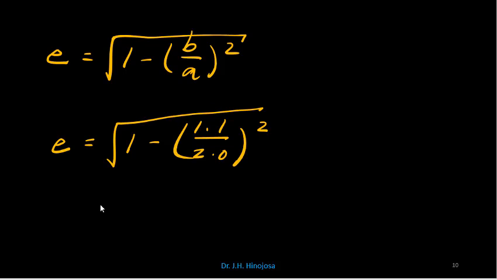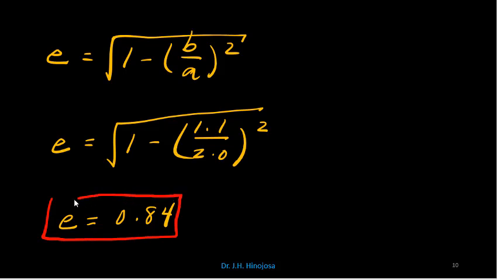When you do the calculation, you get 0.84. So the eccentricity of this particular ellipse turns out to be 0.84.